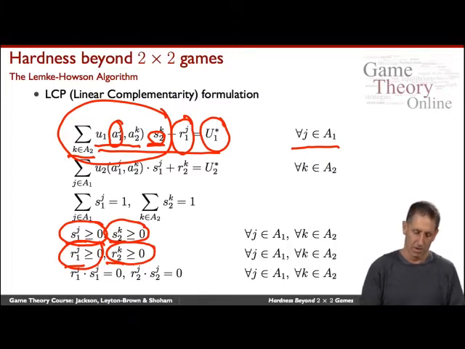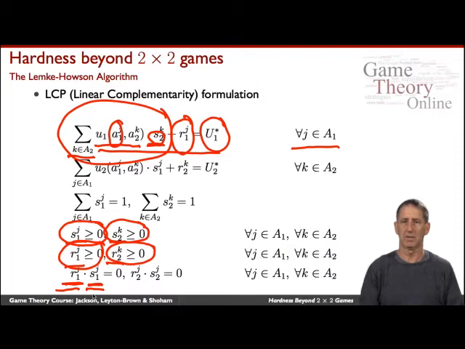And so when player 1 plays strategy J with non-zero probability, it better be the case that he's best responding, namely that the slack variable is 0. And when they're playing with 0 probability, you don't care what the slack variable is because they're not playing that strategy at all. And you capture that by requiring that the product be 0. This is exactly the condition, and this is what makes it a linear complementarity problem.